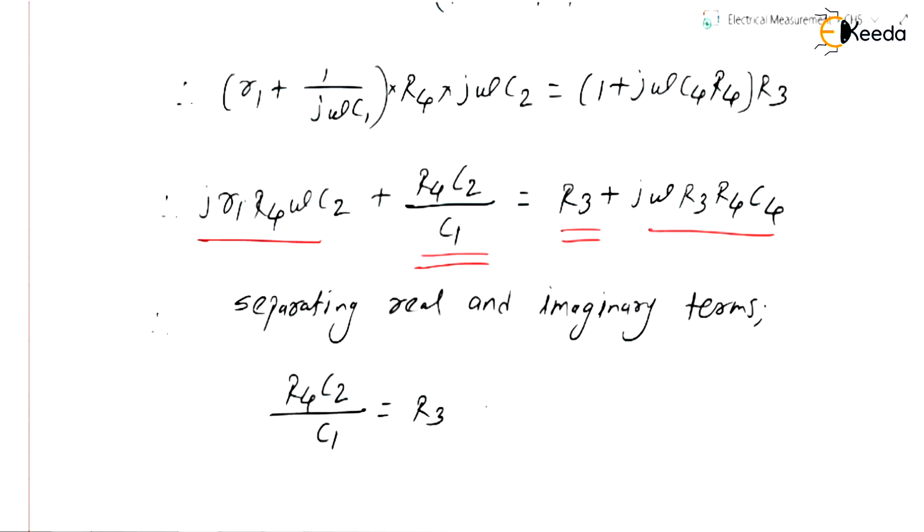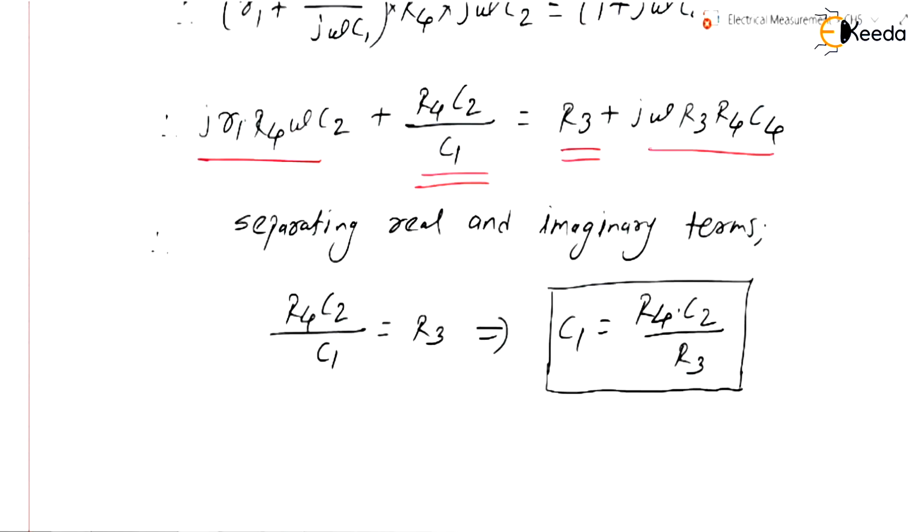From this we can write C1 is equal to R4 C2 divided by R3. This is the C1 we have.